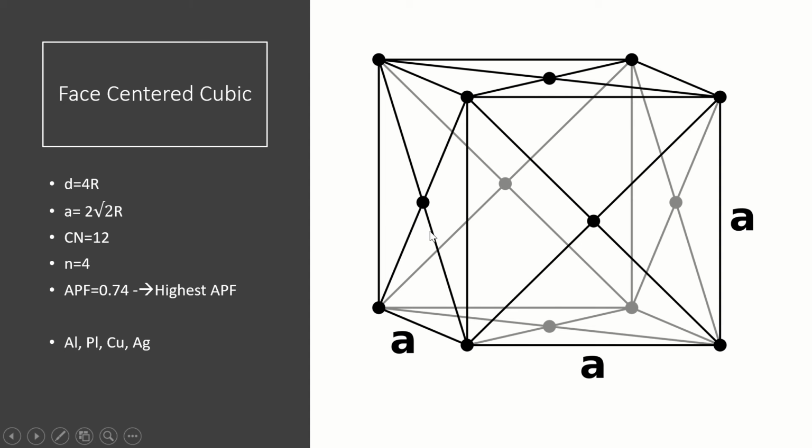So you have 3 extra atoms in the unit cell. So the total number of atoms in the face-centered cubic's unit cell is 4, where here we have n equals 4. The coordination number is 12, which is higher than the simple cubic.